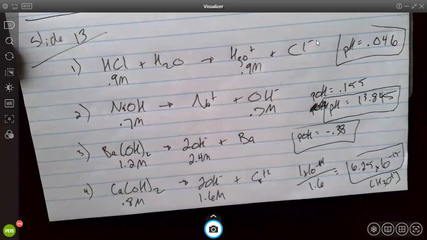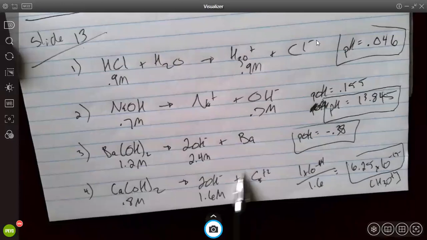And then the last question was a little bit different. It asked for the concentration of hydronium ion in a 0.8 molar solution of calcium hydroxide. Once again, I start with my balanced chemical equation. This is a base, so it's going to once again dissociate. I have a 1:2 ratio between my calcium hydroxide and my hydroxide ion.